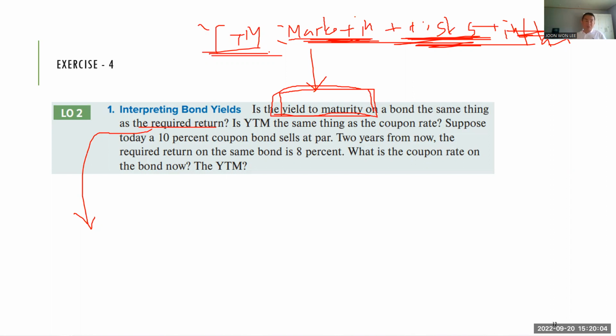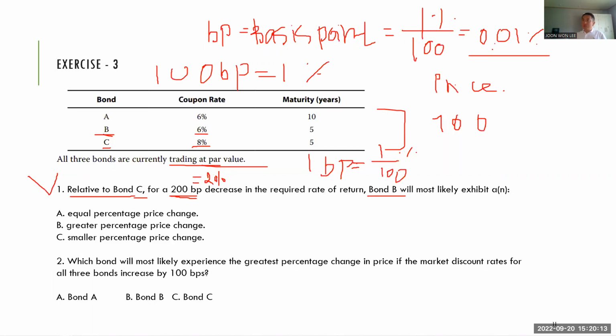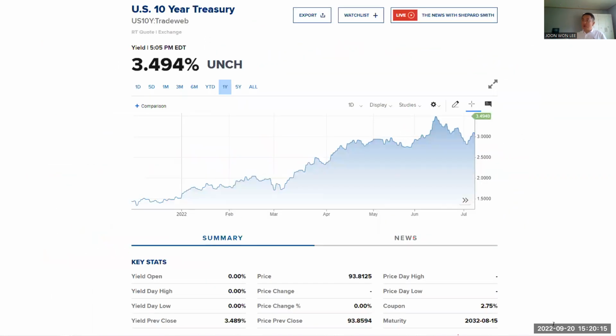That's all. Yield to maturity is all I can get from the investment in any specific bond, right? You purchase this bond at this specific price, right? You're going to expect the coupon of 2.75%, right?